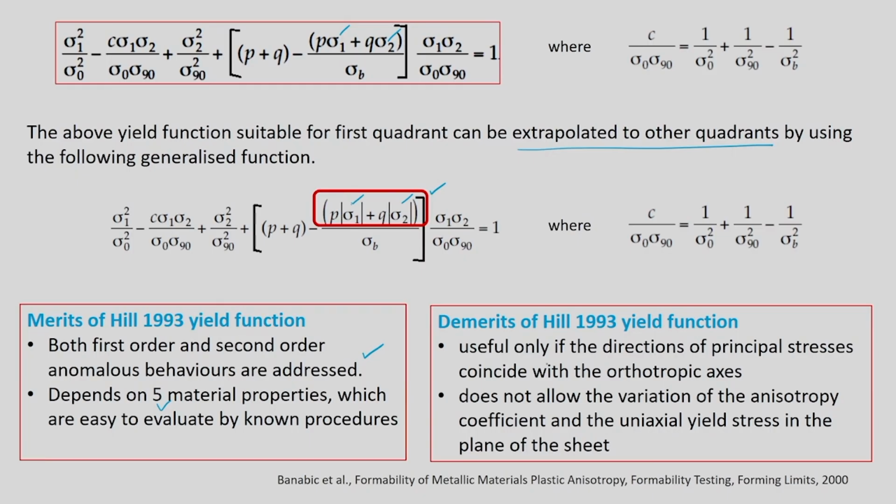What are the demerits? Useful only if directions of principal stresses coincide with the orthotropic axis. That is why you have only sigma 1, sigma 2. It is also said that it does not allow variation of anisotropic coefficient and uniaxial yield stress in the plane of the sheet. That is another demerit we say, but we have to accept it and go ahead because it is satisfying the first 2 problems faced by Hill 1948.